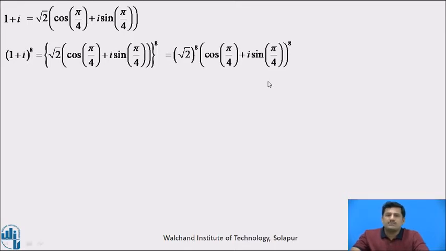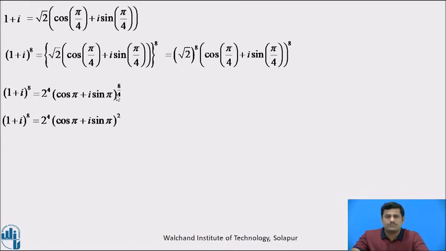For that purpose, we take this coefficient 1 by 4 as a power as per De Moivre's theorem. That is, root 2 raised to 8 is 2 raised to 4, into cos pi plus i sin pi to the power, already 8 is present, and 8 into 1 by 4 is 8 by 4, which is 2. Now this is the value of 1 plus i raised to 8. Call it equation number 2.